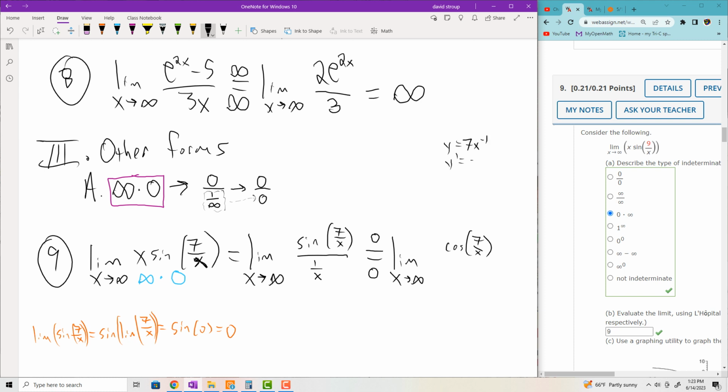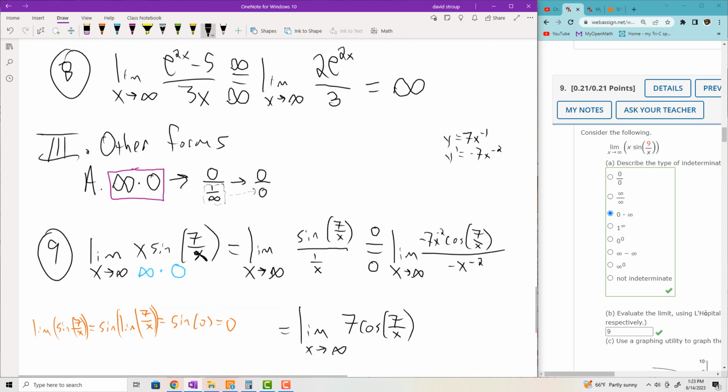So its derivative is negative 7x to the negative 2. And then that's all over the derivative of 1 over x, which is just negative x to the negative 2. Then you could simplify, so you have the limit, negative over negative is positive, the x to the negative 2's cancel, and you just have 7 cosine of 7 over x.